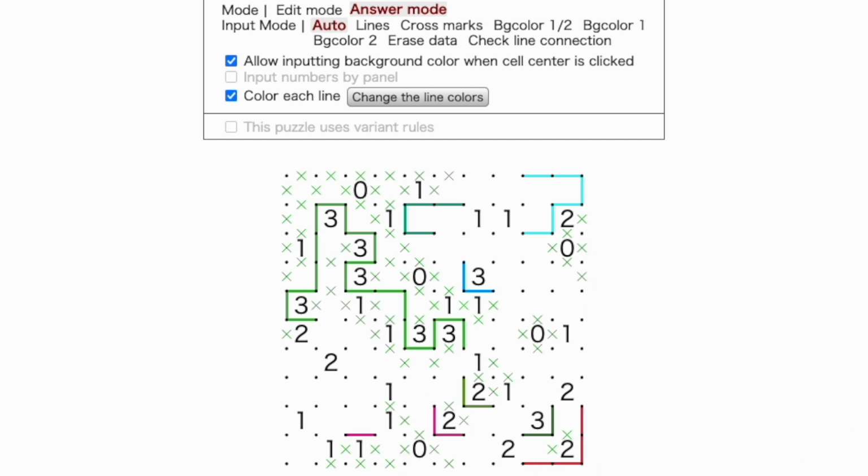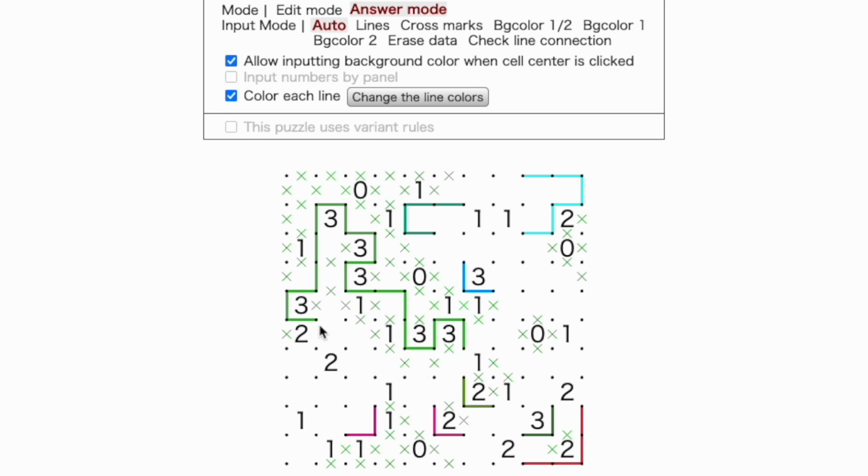And let's see, where would I be looking next as a solver? Let's see, this left side probably can't go there. This has to come up here. This line will need to, can't go straight.